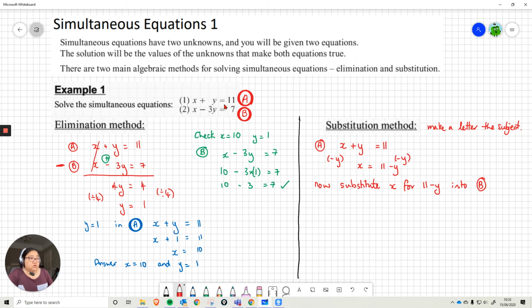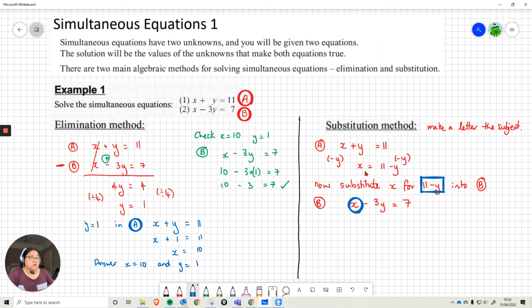Okay, so in equation B, we've got x minus 3y equals 7, and I am going to replace this x for 11 minus y, because I know x is equal to 11 minus y.